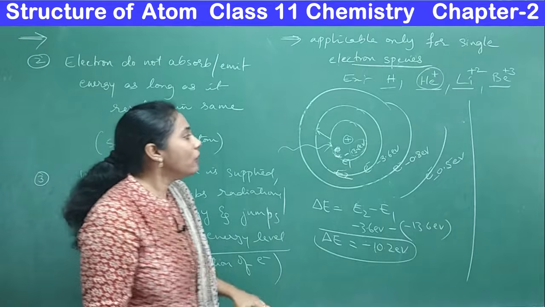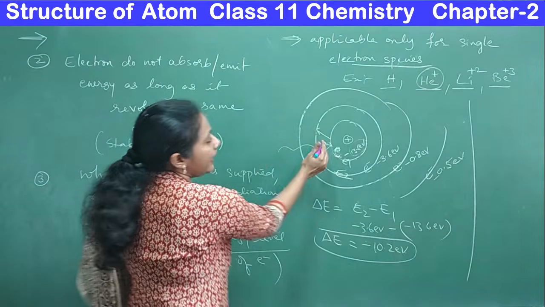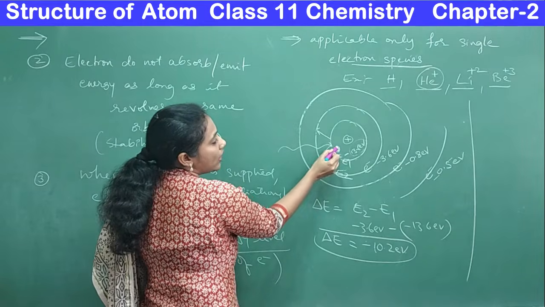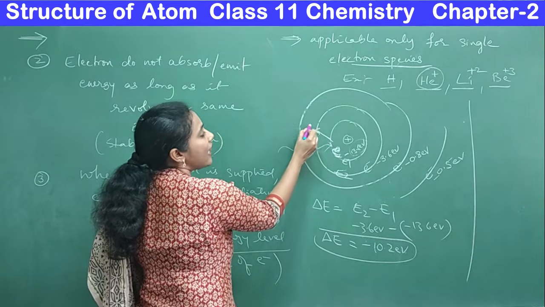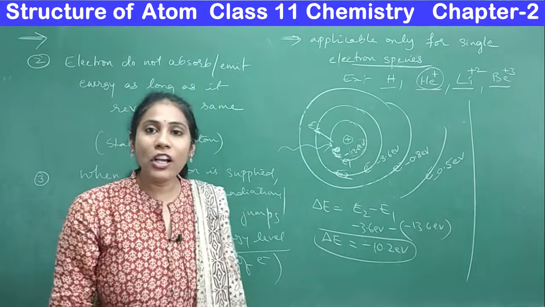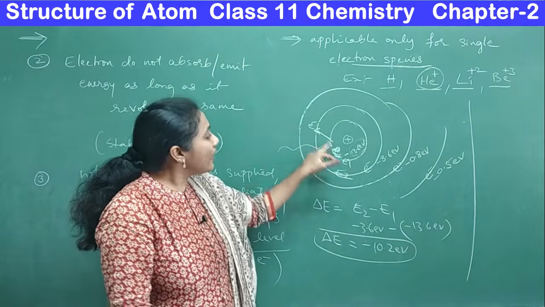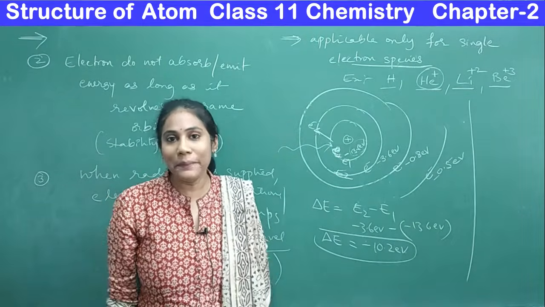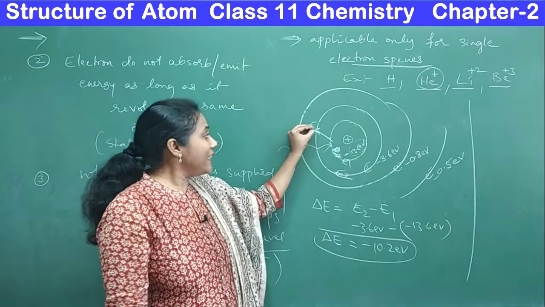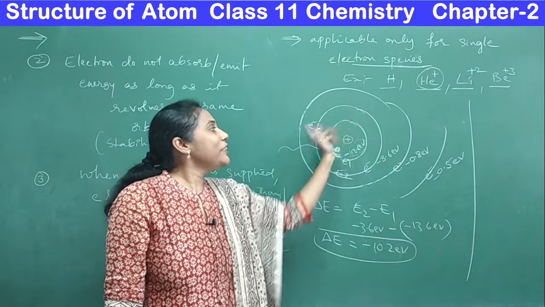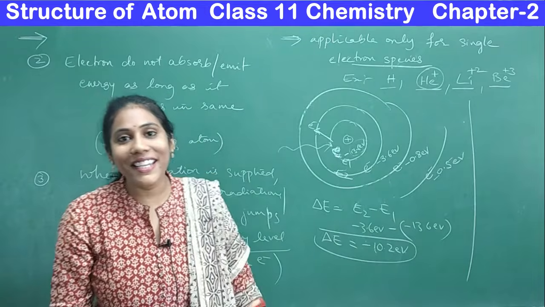But now I gave some energy, and the electron has jumped to a higher level. Now it is there, but it cannot stay there for a long time. It will come back to its original position one fine day or one fine time. So when it comes back to its original energy level, at that point of time energy is released.